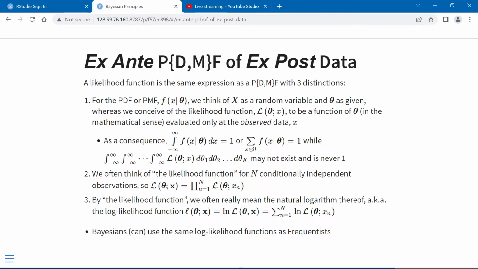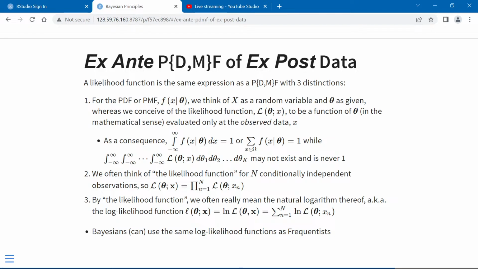But one thing that might give you some optimism is that Bayesians can, they don't have to, but they certainly can use exactly the same log likelihood functions as frequentists. Now, you could depart.